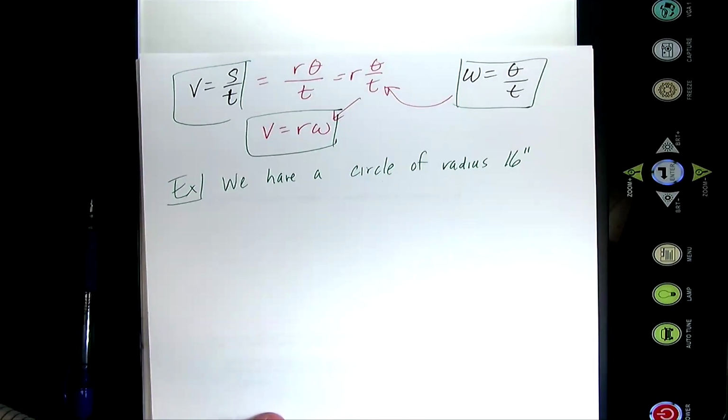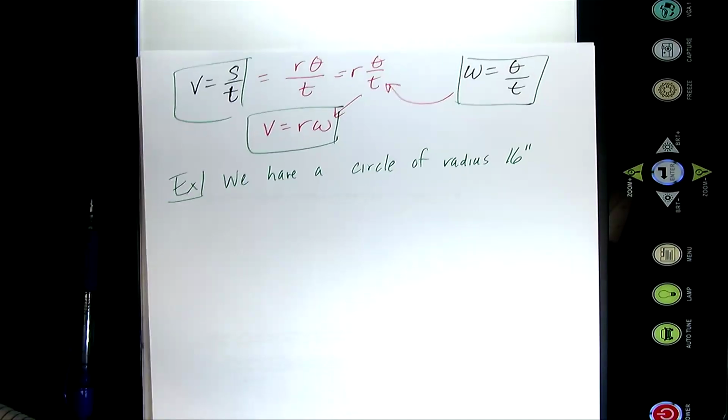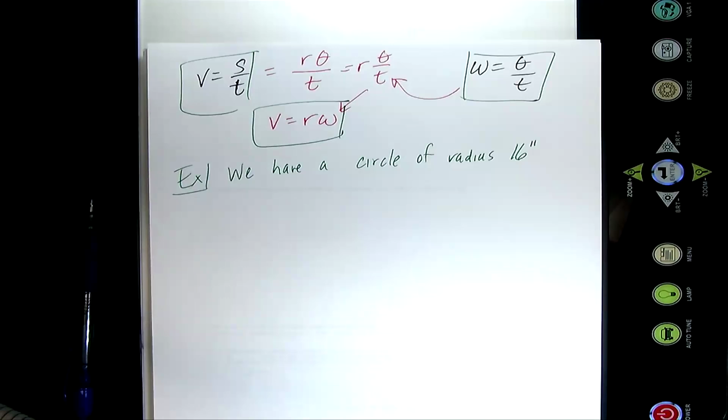A 16-inch radius on a pie, that's a big pie. Right? Yeah. Biggest slice of pie, right? Because that means it's like 32 inches wide, which is almost 3 feet wide. That's almost a yardstick-sized pizza or pie. That's big. So we're just going to go with a 16-inch radius not being a pie. It's a big tire.